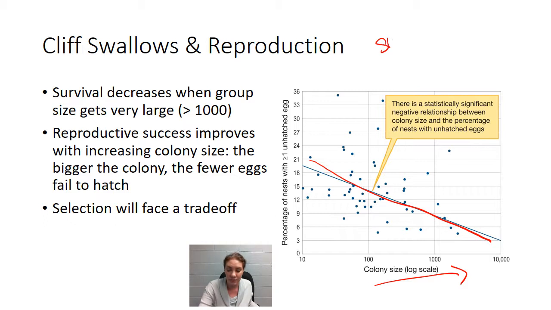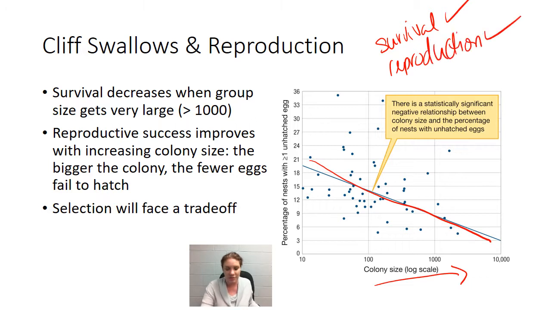So survival benefited from group size. Reproductive success benefited from increasing group size. So selection faces a bit of a trade-off, especially if you get into these large groups. You can have more eggs that hatch, but the survival at this point was right at that point where it started to drop back down a little bit.